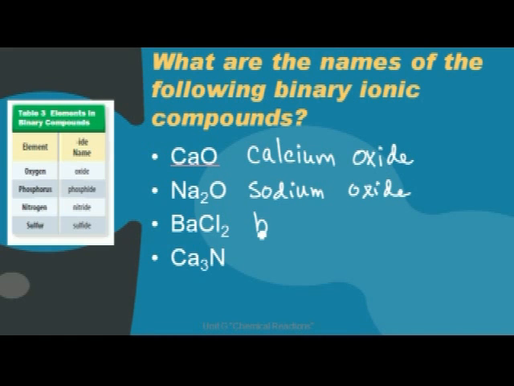BaCl2: that's barium, and Cl2 stands for chlorine, but we drop the INE and add IDE, and we end up with barium chloride. And the final compound here, at the bottom, is calcium nitride.